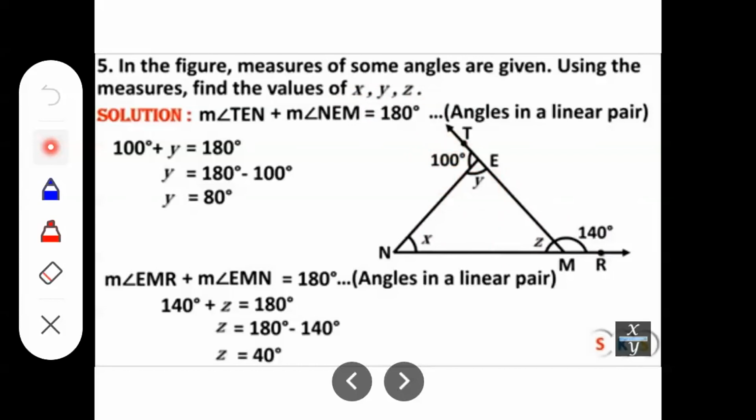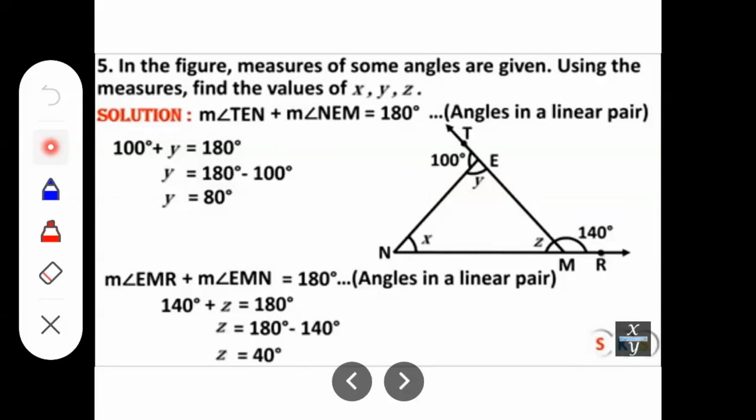If one of the angles is given, to find the other one we will subtract the value from 180 degree, because we know the property that a linear pair of angles together measure 180 degree. Linear pair of angles are supplementary to each other.